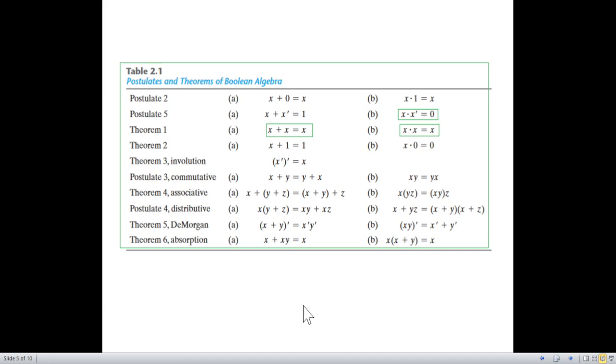But before we go to the simplification, remember table 2.1 has a couple of postulates and theorems. So I'll be using these three that I have marked here: x dot x dash will give a 0, x dot x will give an x, and x plus x, or x or x, will give an x.